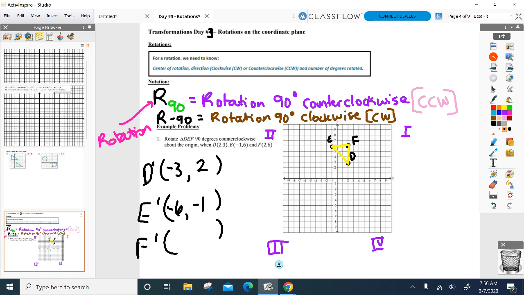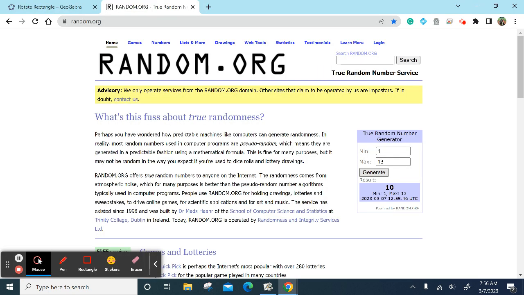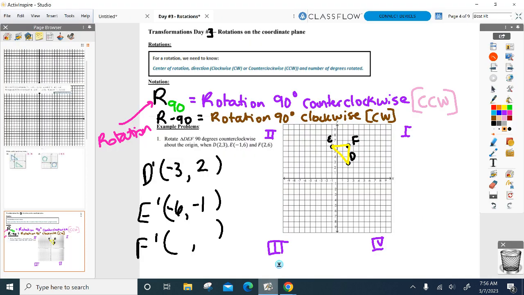Where's your new F? Anna, where's your new F? -6, +2. Everyone agree on that? Okay, go back now and graph the new triangle, the image. Go back now to your starting point. Turn your paper again back and graph D prime, E prime, and F prime.